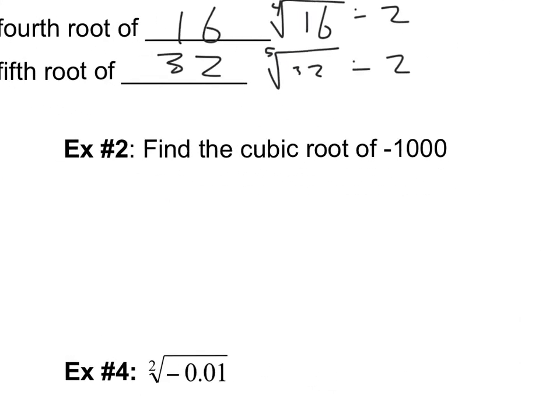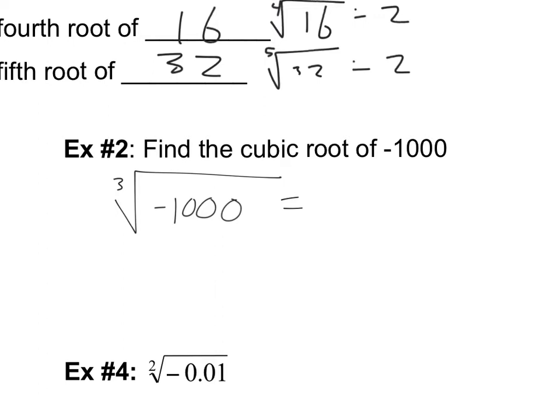Okay, let's do the next one. This one says, find the cubic root of negative 1,000. First, let's just write it mathematically. The cubic root means the 3rd root, and negative 1,000. So now we're saying what times itself 3 times equals negative 1,000. These are helpful to use a calculator for because sometimes we can't just see it right away.